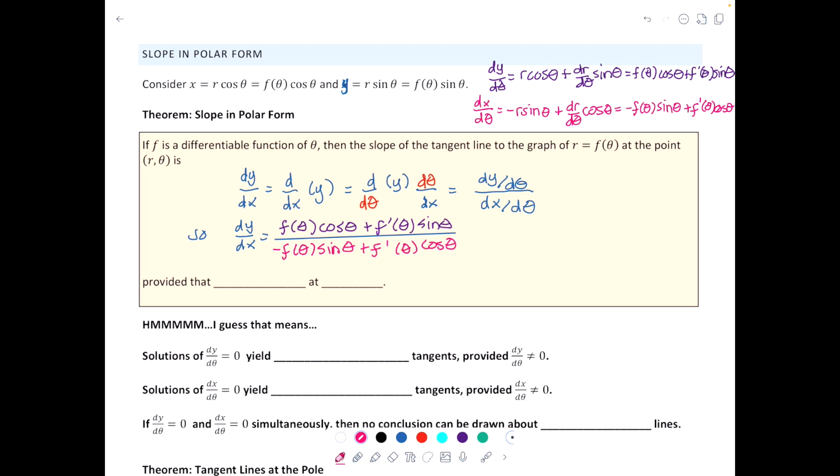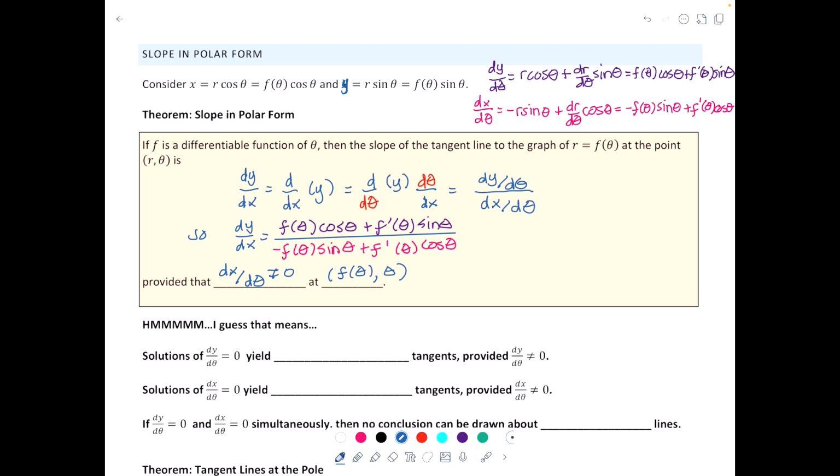Cool, cool? Provided, of course, that dx d theta is not equal to 0 at f at theta, comma, theta.